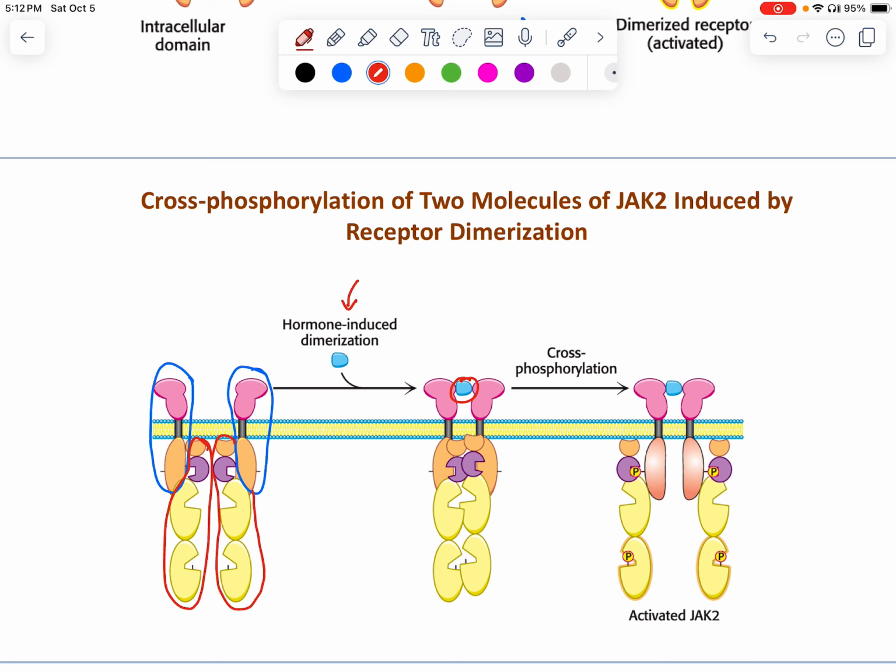What you want to notice here is that as these come together, it brings those kinases together. This particular kinase, this JAK2 kinase, is a kinase that supports phosphorylation of hydroxyl groups. So we're going to phosphorylate hydroxyl groups on tyrosine, on those tyrosine side chains.